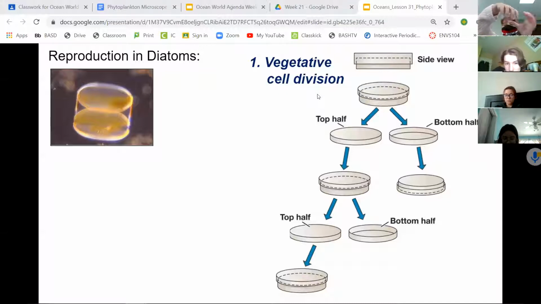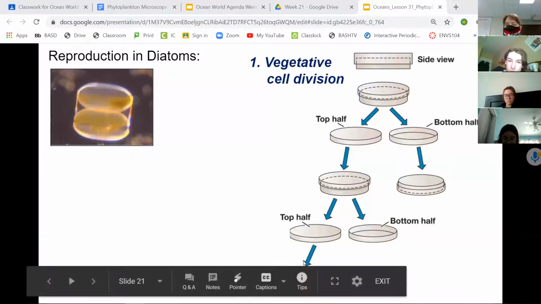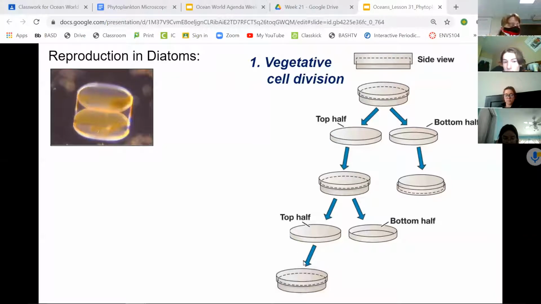Okay, so when they asexually reproduce, they split into two halves, and then the new shell will build inside the old one. So as it splits again and again, the shell gets smaller and smaller because the new shell is always getting built inside the old shell.